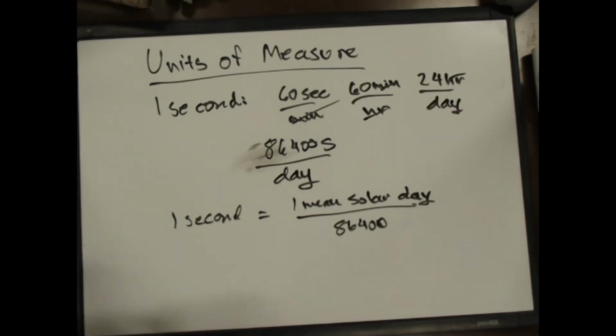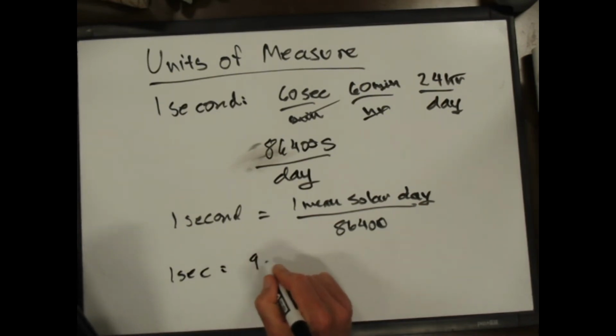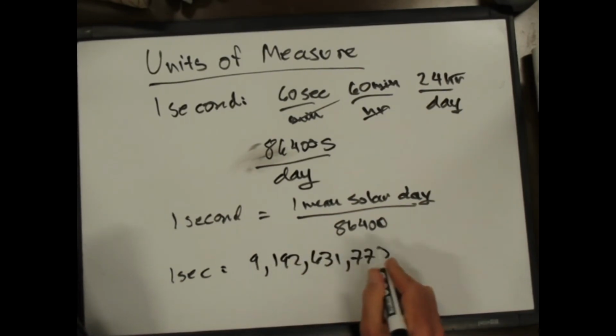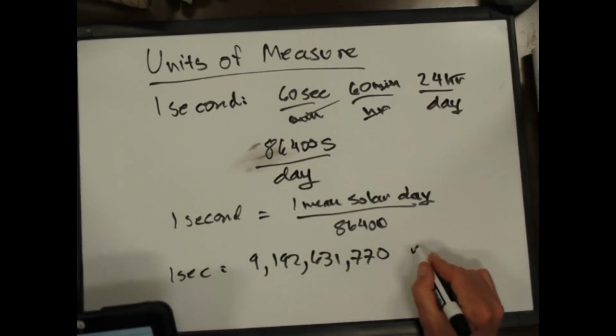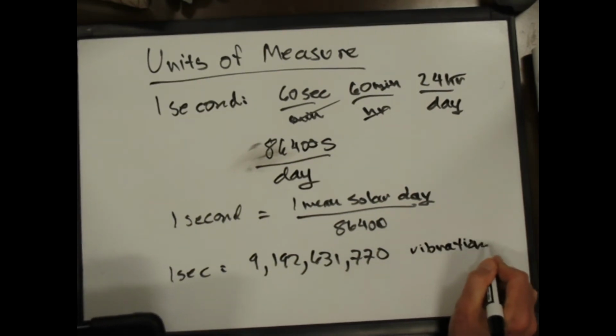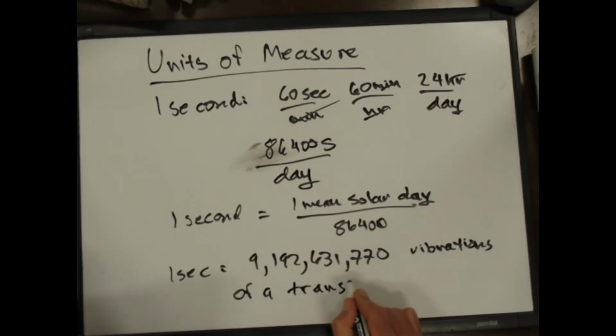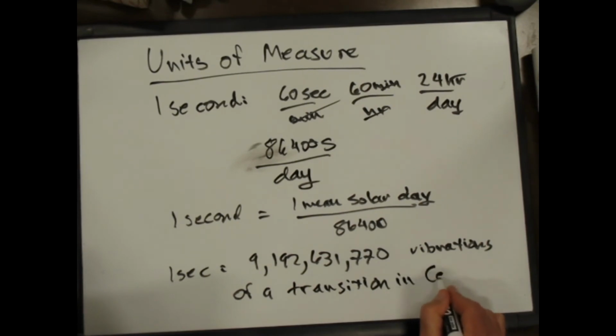So the next thing they did was they said, I've got to copy this down because I can't remember, 9,192,631,770 vibrations of a transition in cesium.